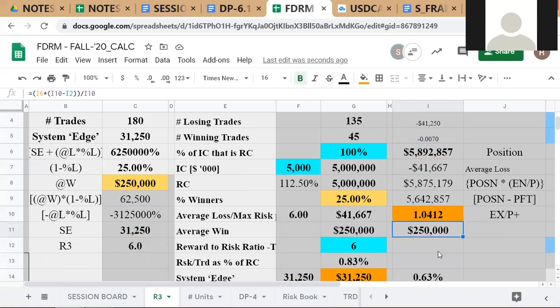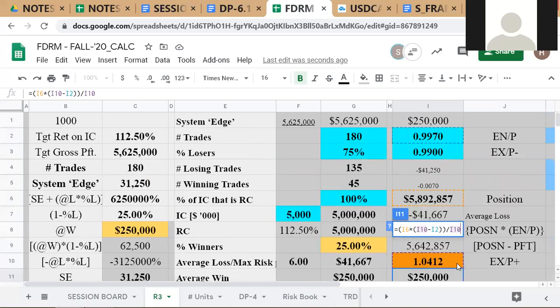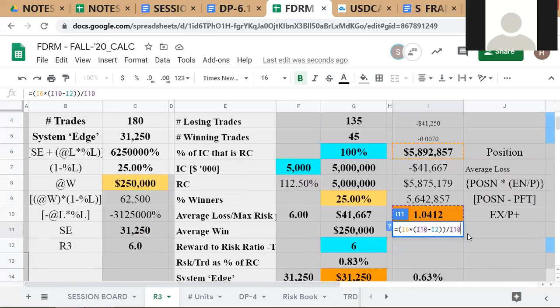Now let's cross check this. I'm using this as an input now. So I'm writing position times, entry is I10, sorry, exit minus entry. Remember, now I'm cross checking using this formula.